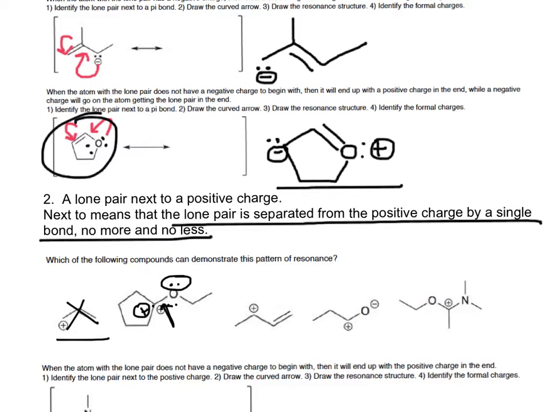This fourth one here has a lone pair, single bond, positive charge. And finally, our last structure also has our lone pair, single bond, positive charge.